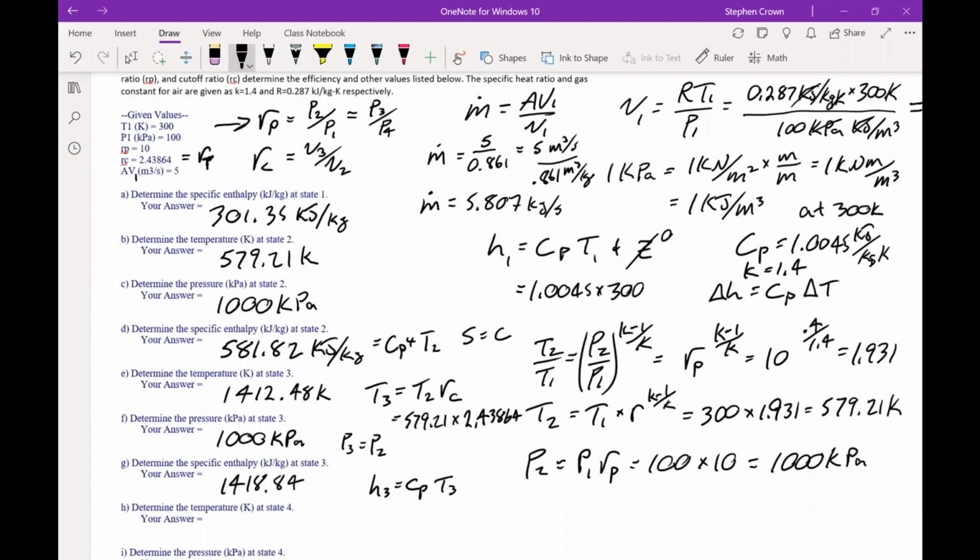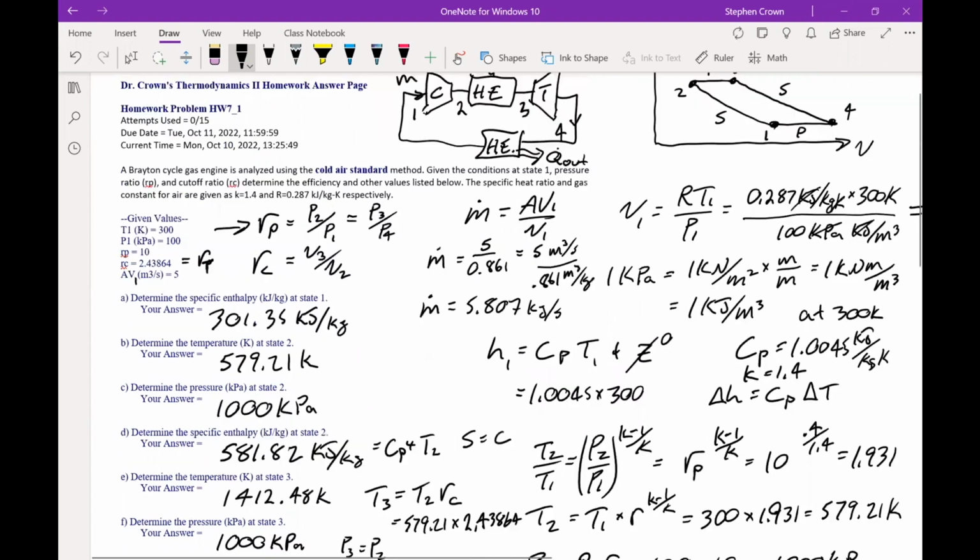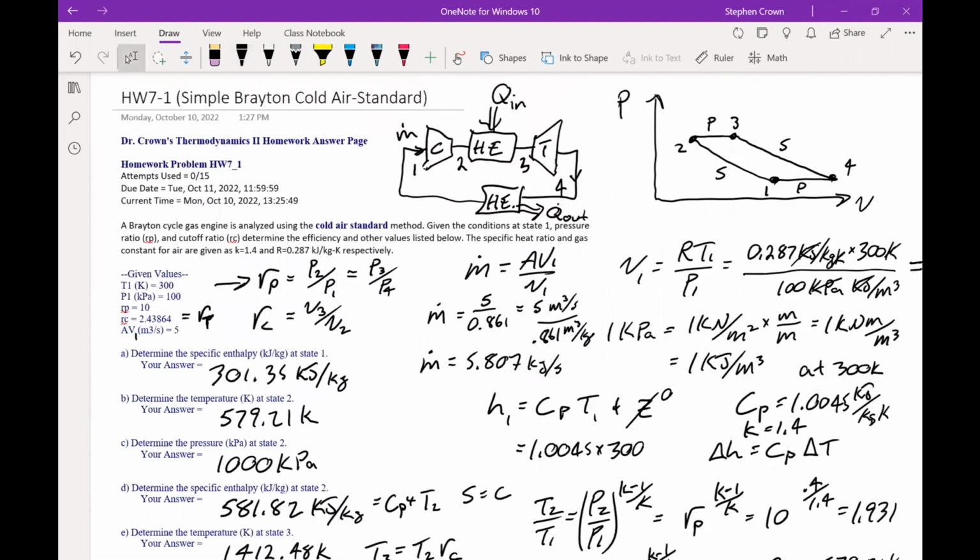Okay, let's move on then to temperature at state 4. So the entropy again is constant from 3 to 4, and so the pressure ratio is the same as the pressure ratio from 1 to 2. So I can use that same isentropic relationship just like I did for process 1-2.